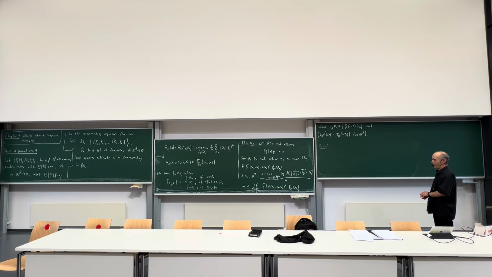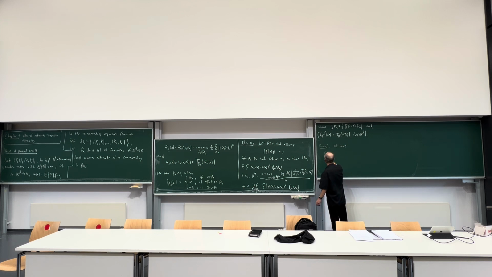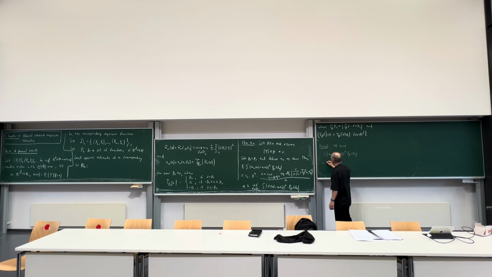Look at the L2 error. We have already seen at the beginning of chapter 3 that it is the L2 risk of the estimate minus the L2 risk of the regression function.